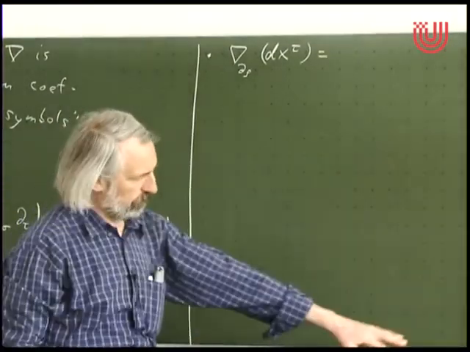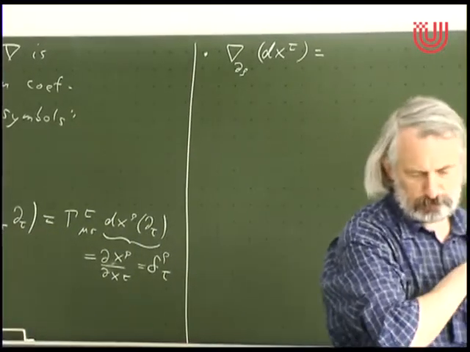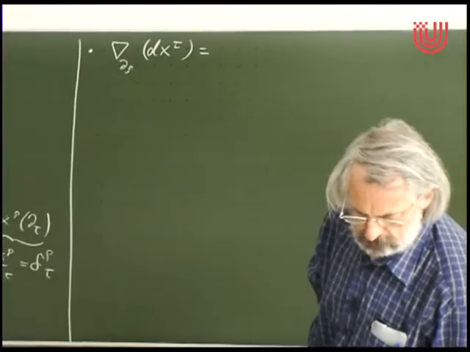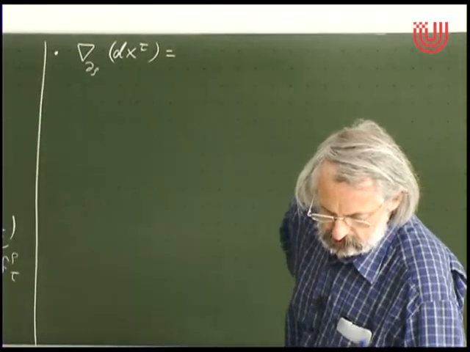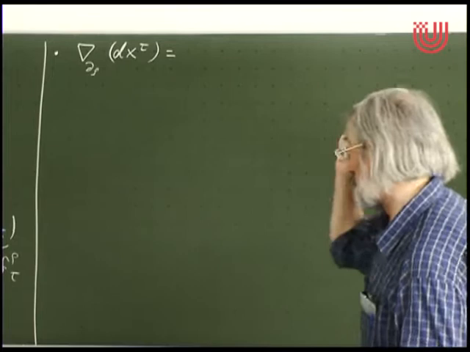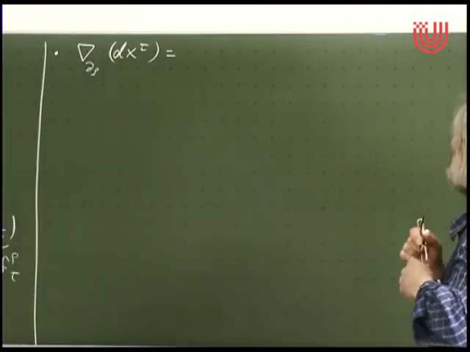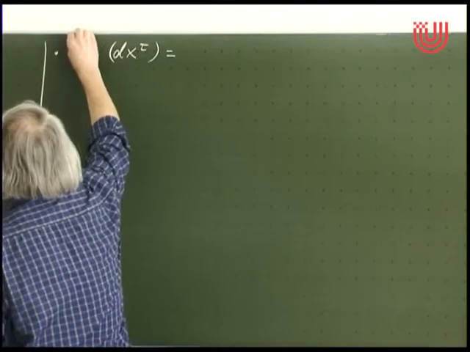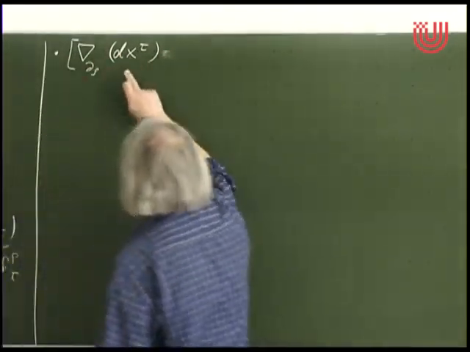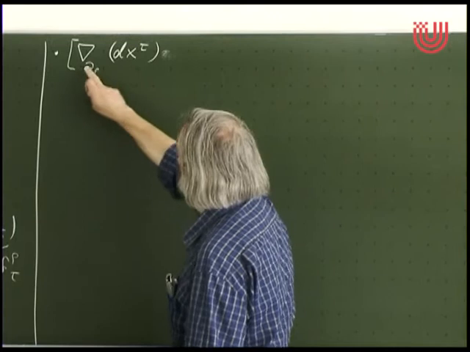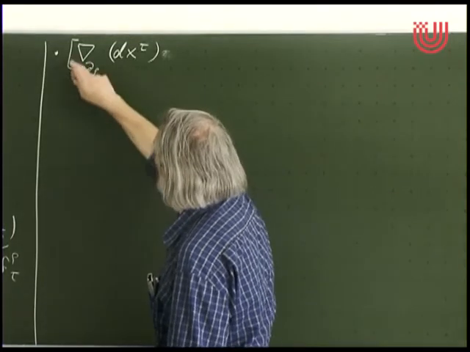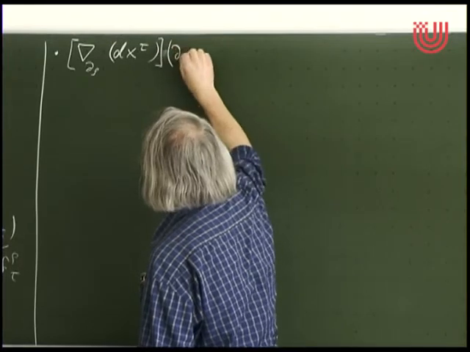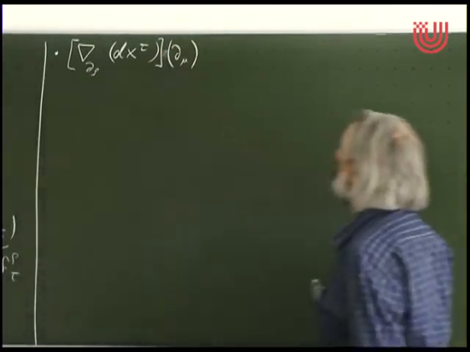You have to use one of these rules. Which rule do I use? That's a trick. I have a covector field, and this operator makes covector fields into covector fields. So the whole thing can act on a basis vector d mu.